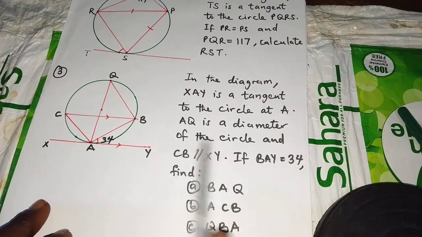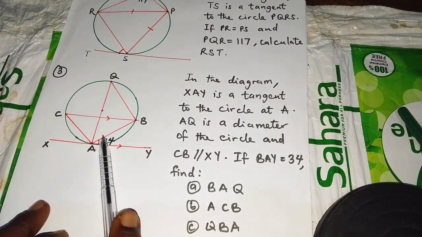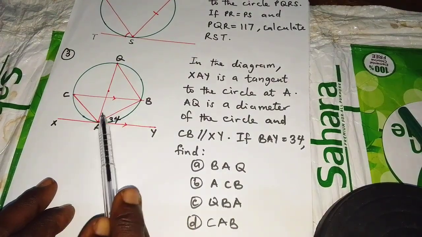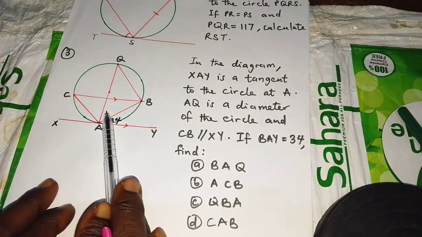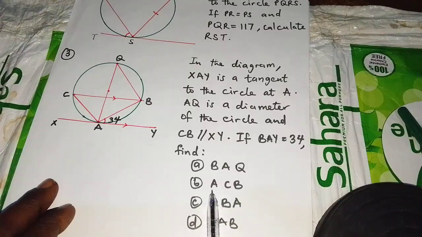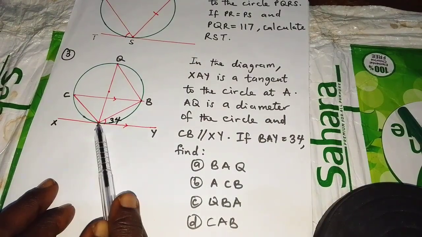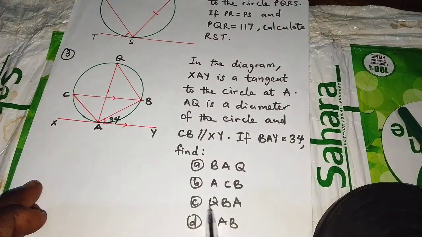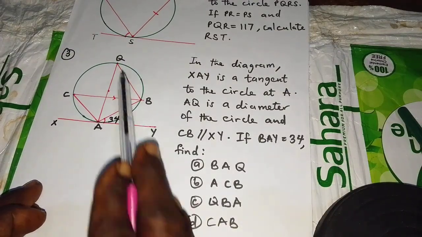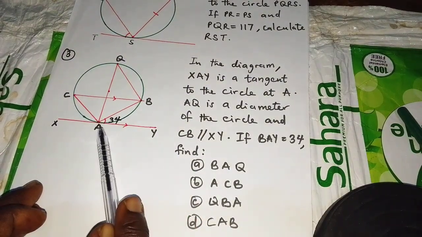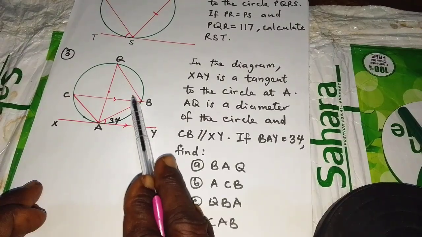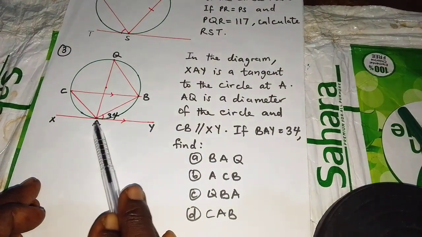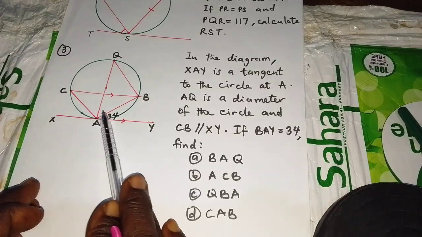If BAY is 34, this angle is 34. Find BAQ, the angle that is here. Also ACB, this angle that is here. QBA, this angle here. And CAB, the whole angle that is here.